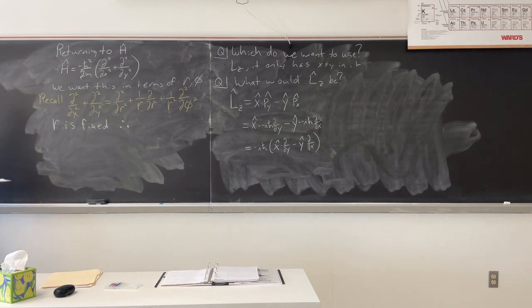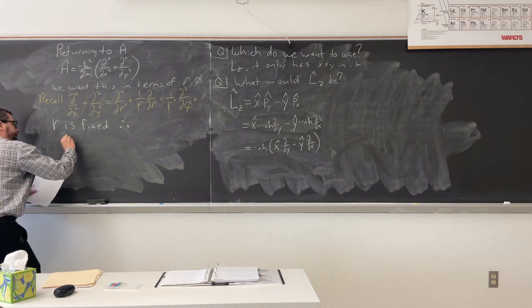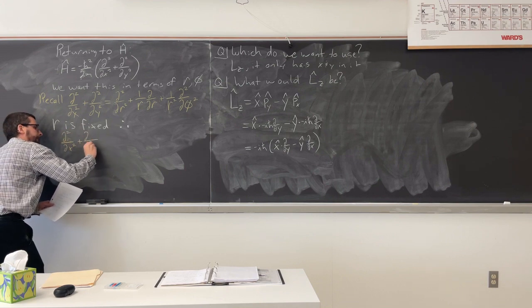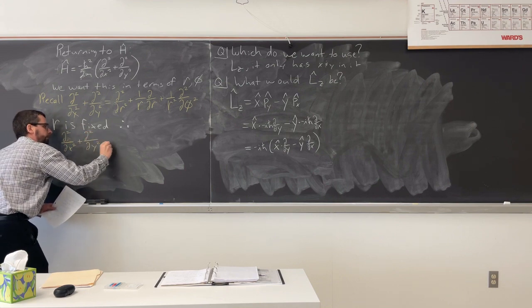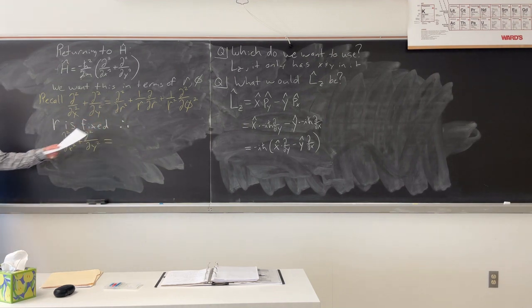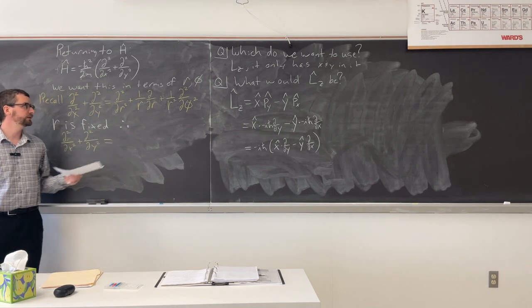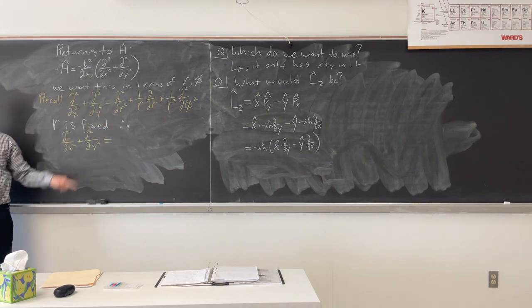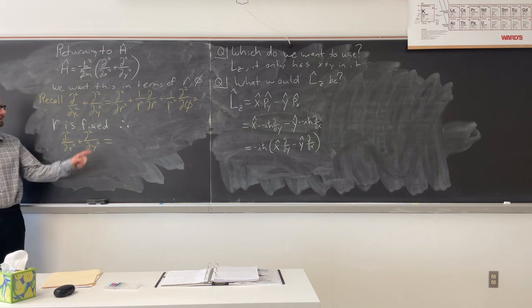Therefore, our expression changes a bit. How would this stuff change if r was fixed? Second derivative with respect to r, if r is a constant.